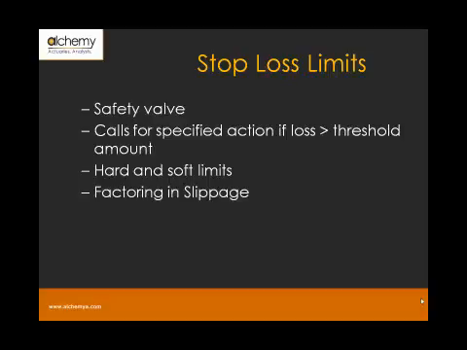The way we enforce this is, if I've defined a stop loss limit of 5% or 10%, and the loss on a specified position reaches this amount, then the stop loss limit is triggered. When that limit gets triggered, this position will be liquidated. I will book that loss. I will sell this position, eat that loss, and move on.